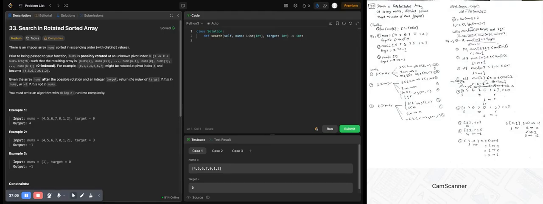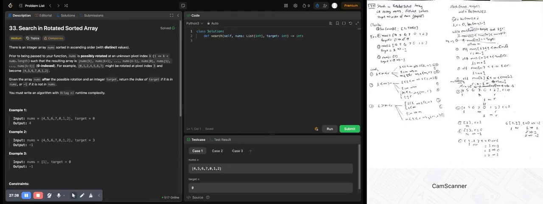Okay, so 2 has satisfied this. Two and 3, or it is the right hand side that is sorted. So 3, 2, 3.